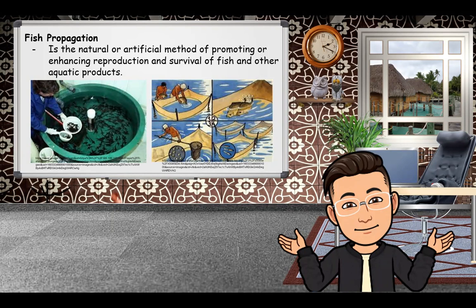It includes keeping, maintaining, and spawning breeders in tanks or ponds. Also, hatching the eggs in hatchery facilities and nursing the delicate larvae up to a size suitable for stocking in the grow out or rearing areas are part of this stage.